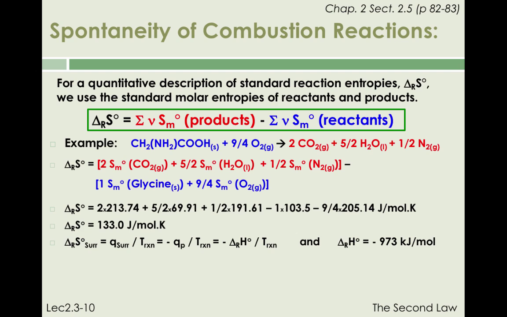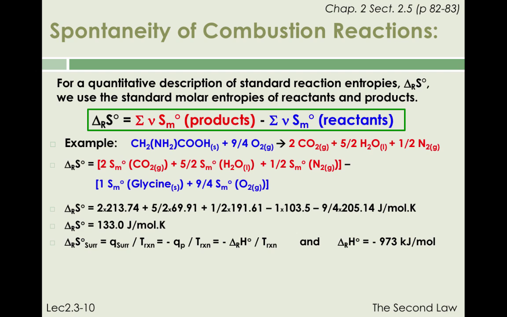Chemical reactions also occur isothermally, so the reaction temperature is the same as the surroundings temperature. Finally, Q sub P is equal to the standard reaction enthalpy change, or ΔrH standard. So, ΔrS standard for the surroundings is equal to minus ΔrH standard for the system divided by the temperature of the reaction, obviously in Kelvin.